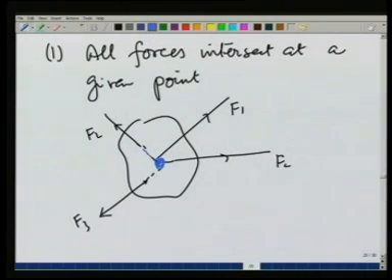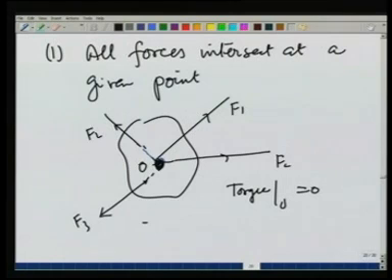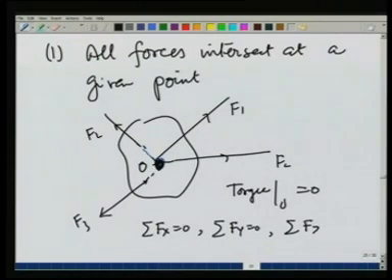In that case, the condition that torques be 0 becomes irrelevant, because if I take the torque about this point where they intersect, the torque about this point O would be 0 for all the forces, and therefore, the only equilibrium conditions I require are summation f x is equal to 0, summation f y is equal to 0, and summation f z is equal to 0.